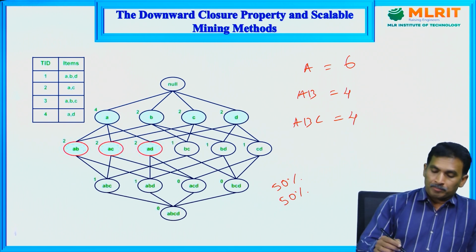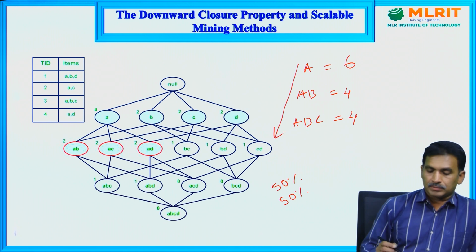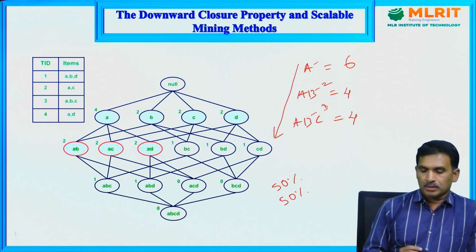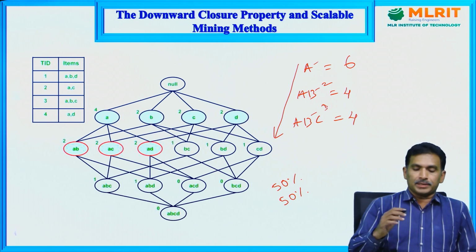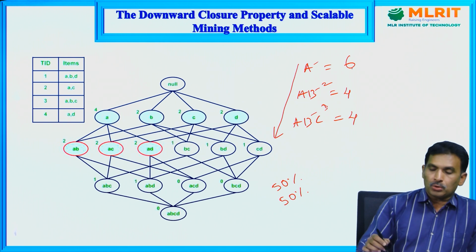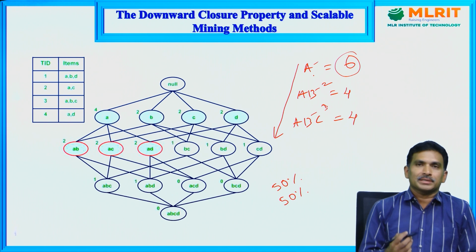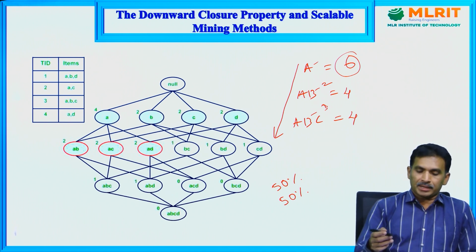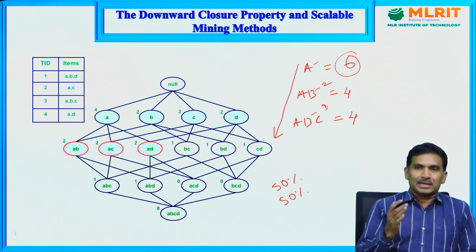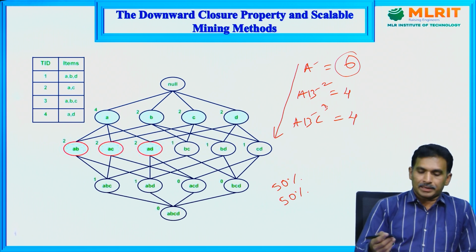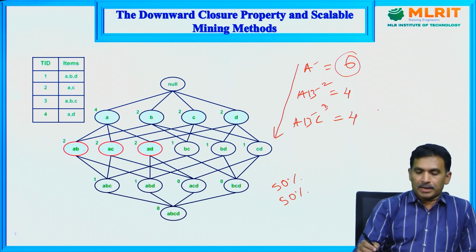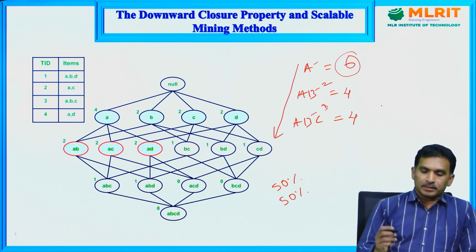So here this is a 1 item set, this is a 2 item set, and this is a 3 item set. When the item set length increases, the support, that means the count of how many transactions have item A, how many have items A and B together, how many have items A, B, C together, will remain the same or it will decrease. Sometimes ABC may not appear in all 4 transactions.